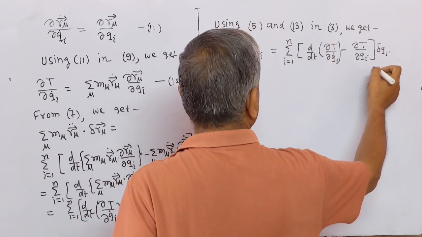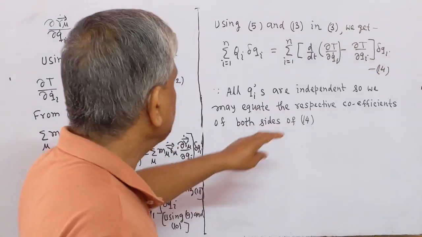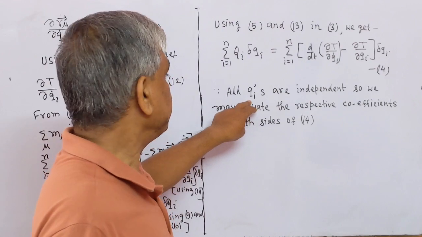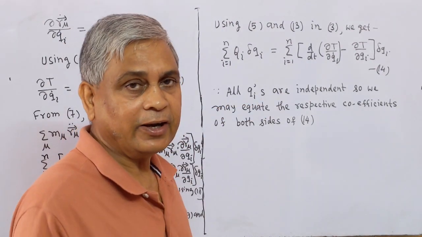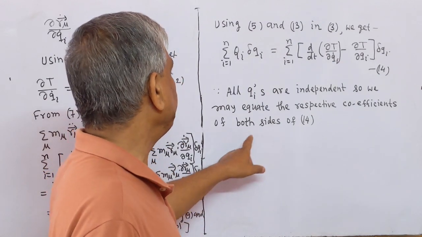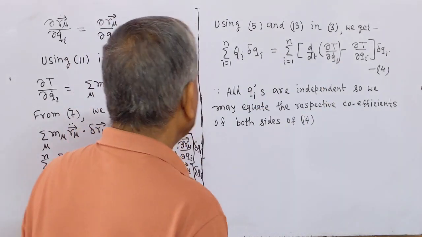This is number 14. Since all generalized coordinates qi are independent, we may equate the respective coefficients of both sides of 14.